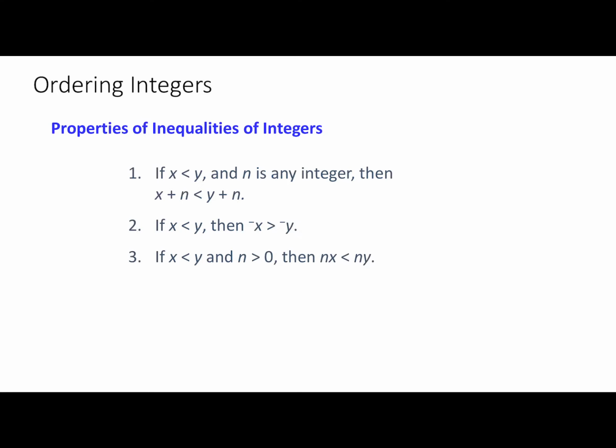If x is less than y and n is positive, then I can multiply both sides of my inequality and the inequality is preserved, so nx is less than ny. On the other hand, if n is negative and I multiply on both sides of my inequality, the inequality flips so that nx is greater than ny.